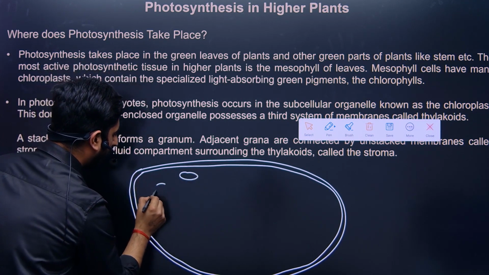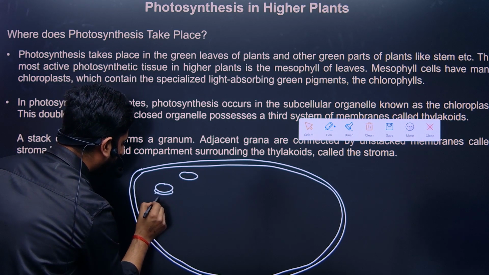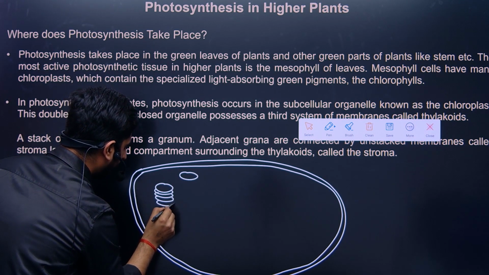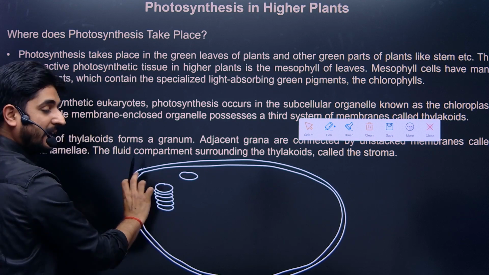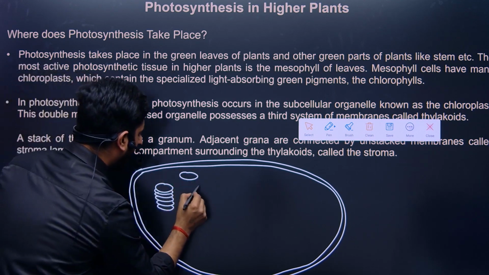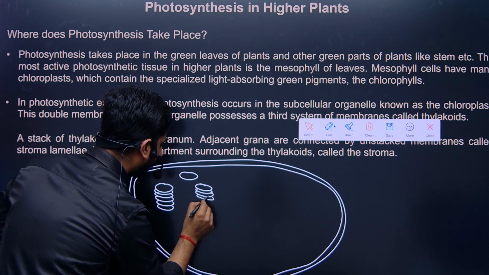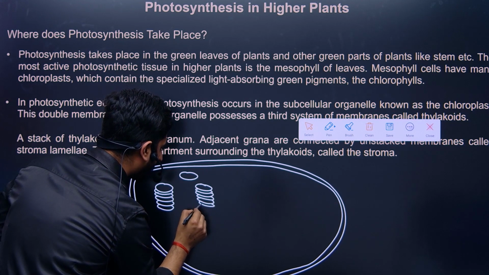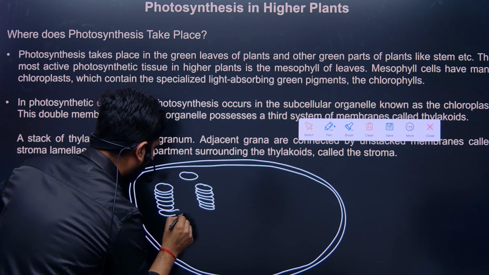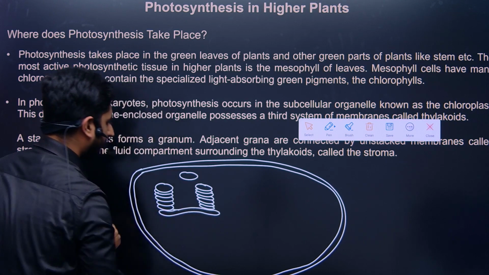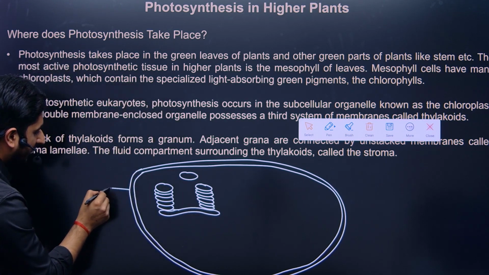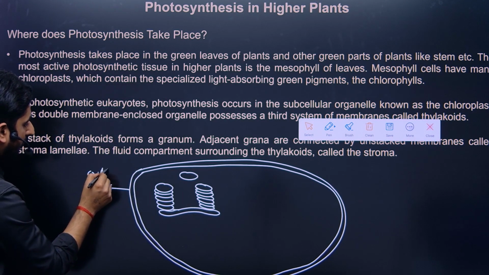This is a single thylakoid. So we are going to draw a little bit more like this. Now this is a stack. A single stack is known as a granum. Now I am going to draw another stack, and connect these two. Let's try to label. This is your outer membrane.